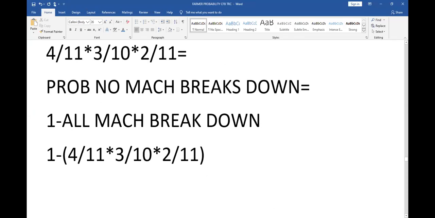The machines break down in one shift, or none of the machines break down.